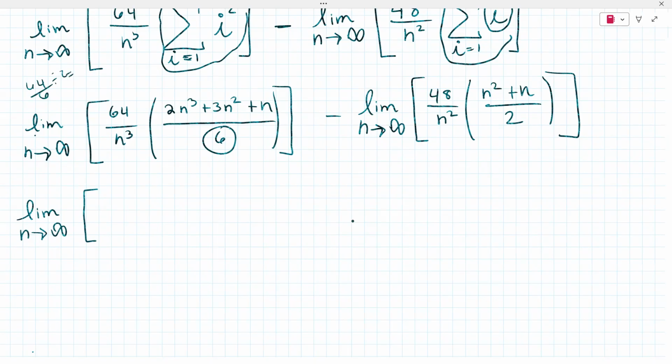So that would be 32 over 3. So that's what I'm going to do. I'm just simply going to reduce this, this will be 32, and then this will be 3. So it's going to be 32 over n cubed times 2n cubed plus 3n squared plus n all over 3.